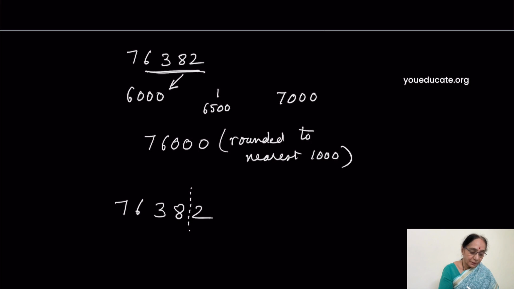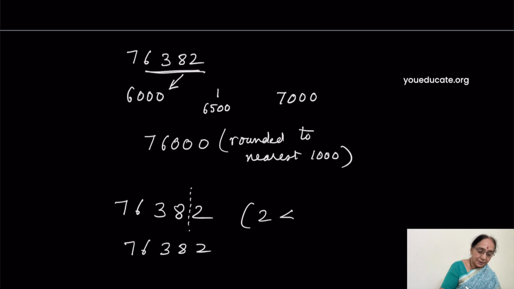Now you want to make 2 as 0, right? If 2 is less than 5, ignore it, make it into 0. So the 2 is ignored and it is converted into 0. Here I notice that 2 is less than 5. So 2 is converted to 0.